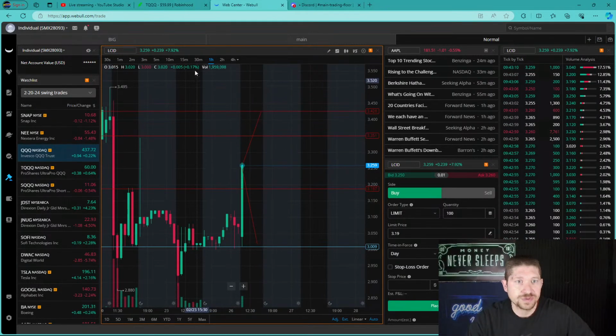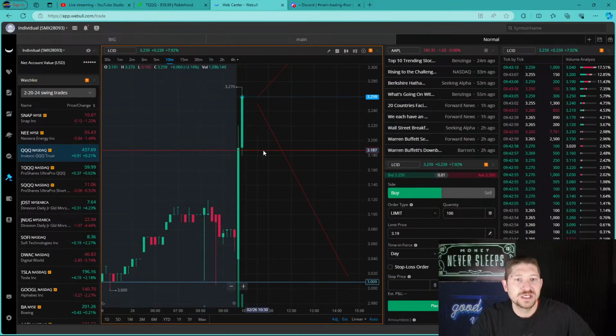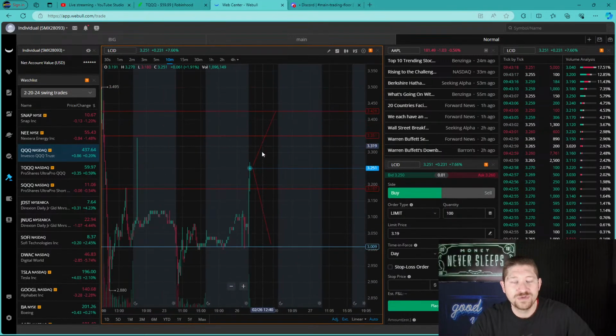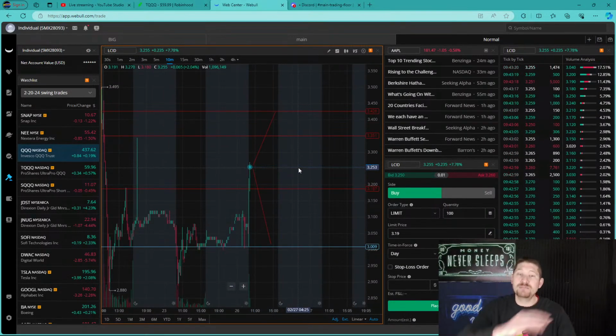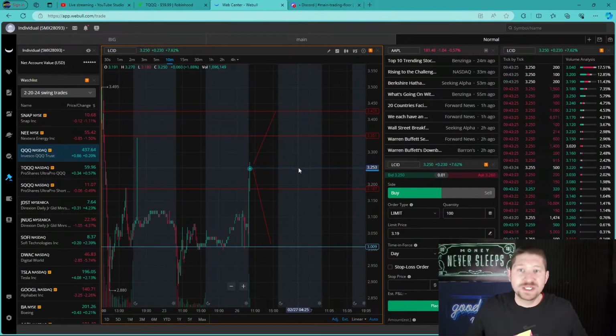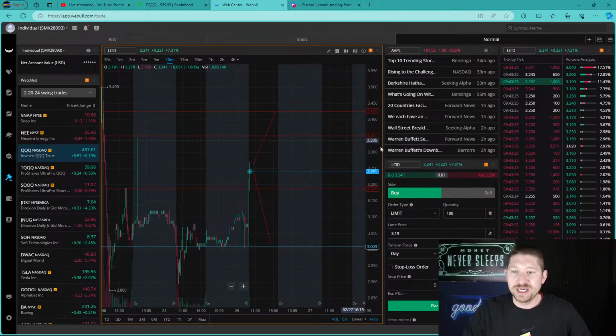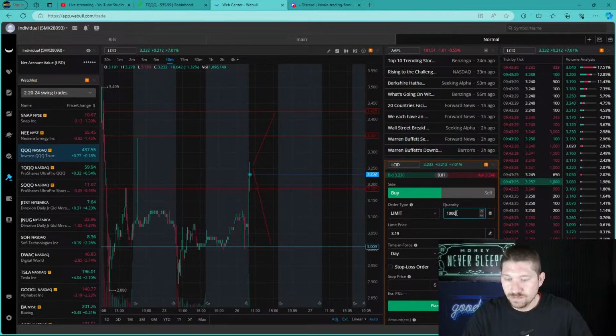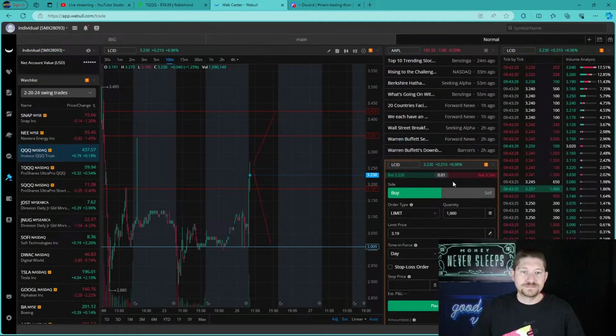So let's watch this for a little bit, and we will see exactly what it does. Now, it may make stronger highs, which is fine, right? And it may break out past this mark as well. Again, I'm not telling you what to buy, hold, or sell, but this is a great example for what can happen to new investors.